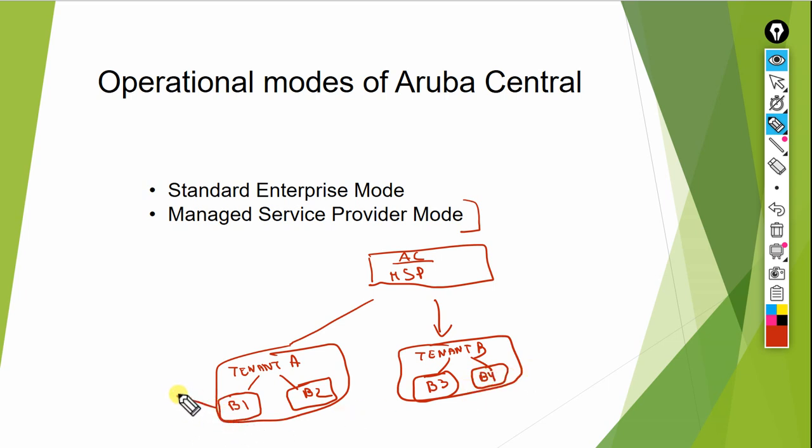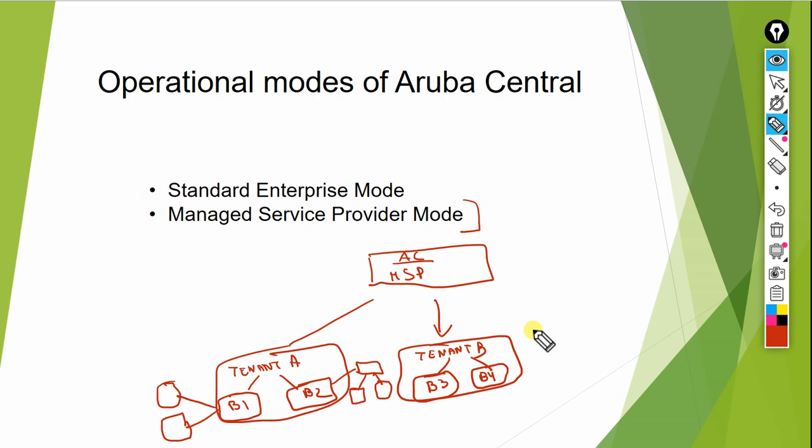Now in branch 1, maybe you have only 2 access points, and you are managing tenant A, which is taking care of branch 1. Then in branch 2, maybe you have a switch, and then 2 access points after that. In a similar way, for tenant B, you can have a different set of devices for different branches. Basically, you are working as a managed service provider for multiple companies or multiple customer networks.